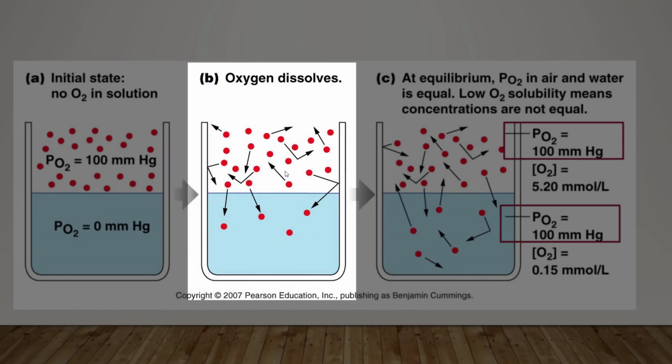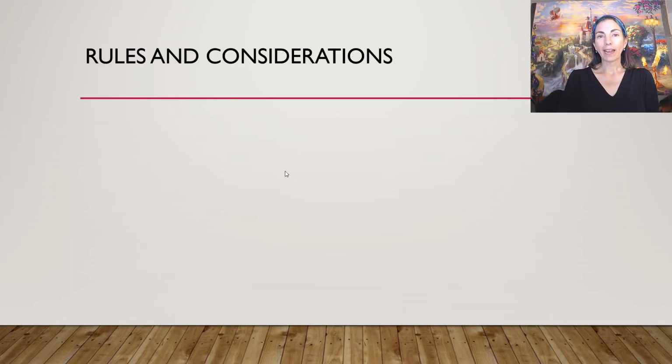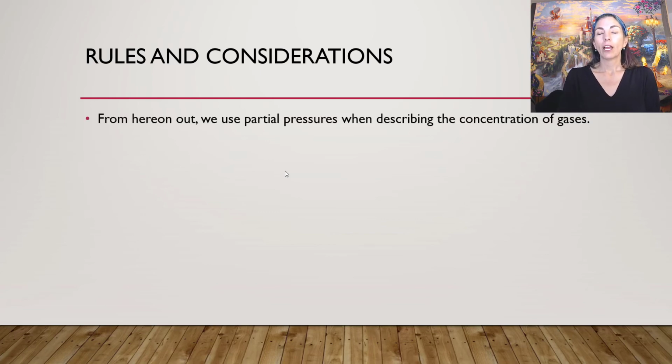So gases always move down their partial pressure gradient. They move from a higher number to a lower number. So we're finally left with these rules and considerations. From here on out, we are not going to talk about concentrations because, again, gases between air and liquid do not move down their concentration gradients.